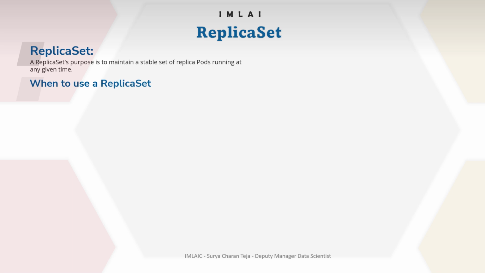So now the question comes: when to use a replica set. A replica set ensures that a specified number of pod replicas are running at any given time. However, a deployment is a higher level concept that manages replica sets and provides declarative updates to pods along with a lot of other useful features.